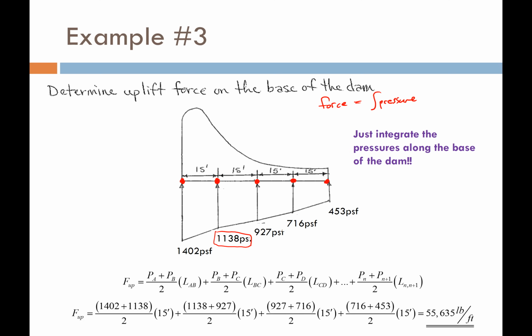If I redo what we did in example number 2 for all these different points along the base of the dam, I can compute the pressure at each. To be consistent, I'll call this point A, that's point B, point C, point D, point E. The pressure at point A is 1402 psf, we already did the pressure at B, pressure at C is 927 psf, pore pressure at D is 716 psf, and pore pressure at E is 453 psf.